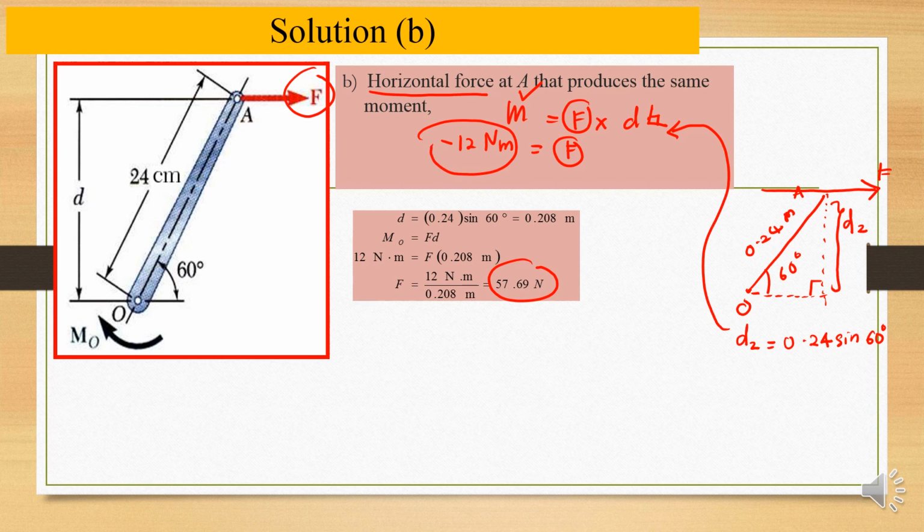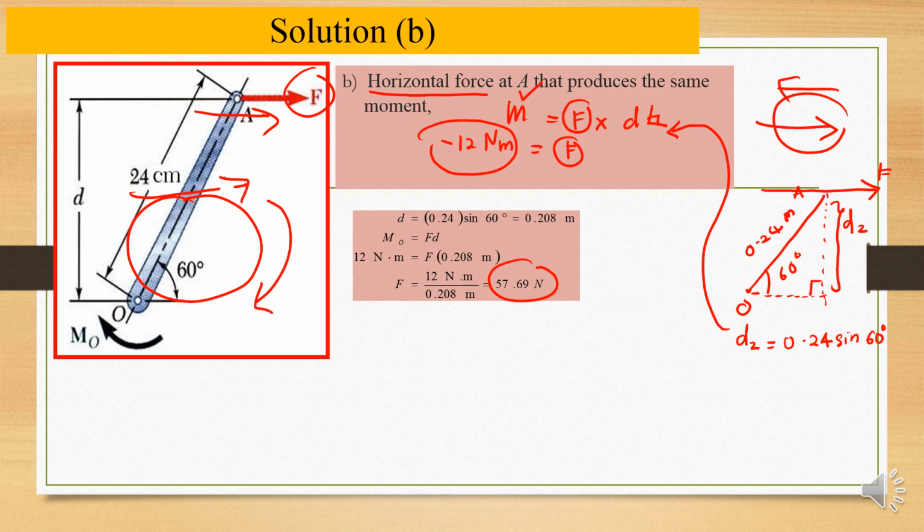So how can we know whether the force should be to the right or to the left? In this case it should be to the right, because if we put it this way, imagine that this is a wheel. Only if we locate it to the right will it produce the negative moment.